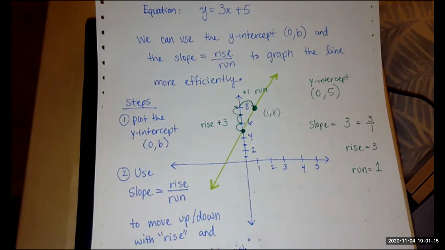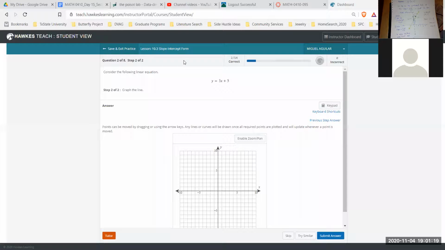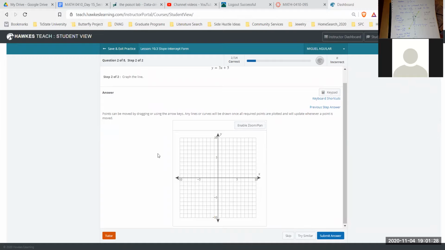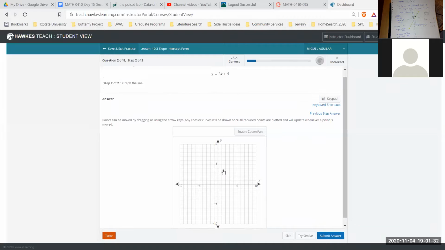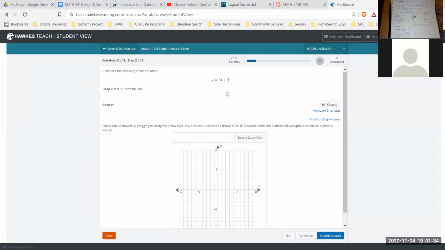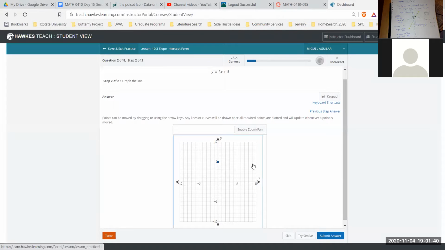Okay, so what will that look like in your homework? Well, this is the exact same problem we've been working. We can plot by just clicking in the graph space. If I know that the first point should be at 5, then I'm going to go to the y-axis right there and put a 5 there.